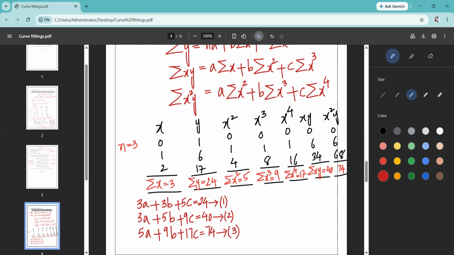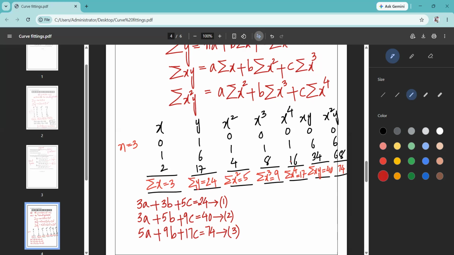Now you solve these 3 equations using the calculator. If you don't know the procedure, I'll tell you. To solve the equations, go to the calculator, setup mode, and the fifth option. Then choose the second option and plug in the coefficients: 3, 3, 5, equals 24.